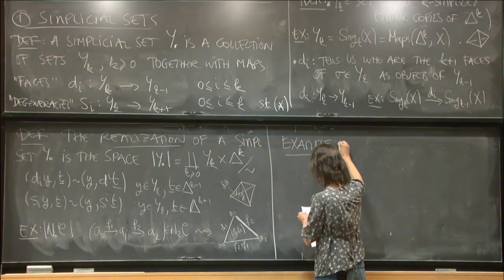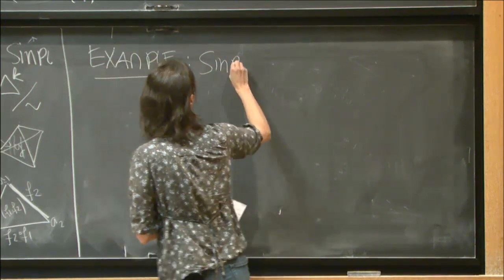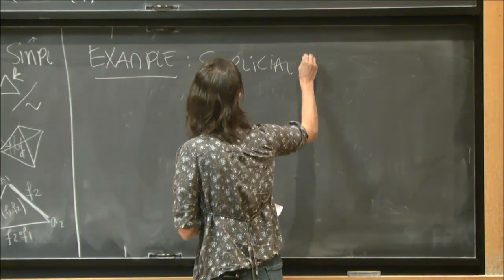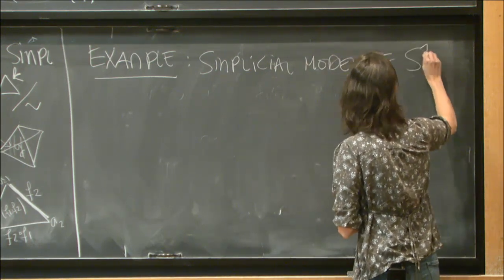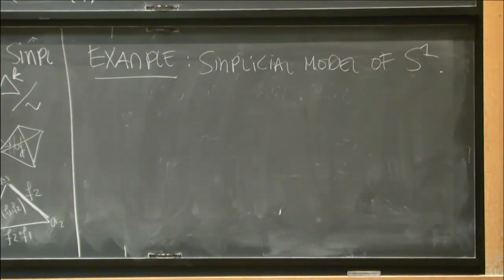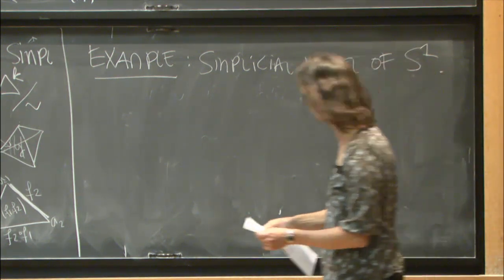So we want a simplicial model of S1. And I'm not going to say this is the simplicial model of S1. There are tons of simplicial models of S1. This is the simplicial model of S1 that will fit what we want to do tomorrow. Okay, so which is why I put it.